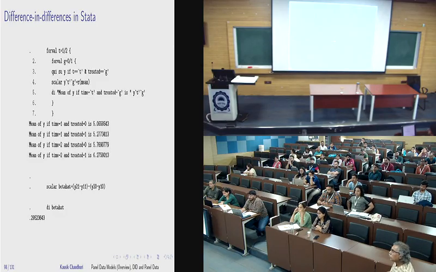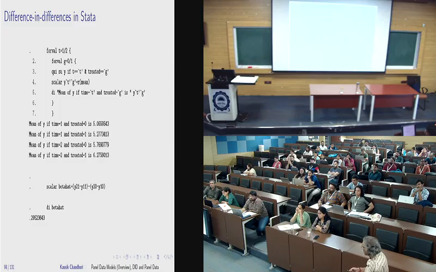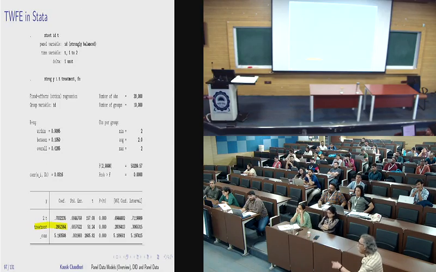Clear? Fine. So all I then want to calculate is the difference between them. So I want to take this guy, this guy, this guy, and this guy, and then I want to display my beta hat, which is 0.295, and that's exactly what I get if I use the command in Stata, right?